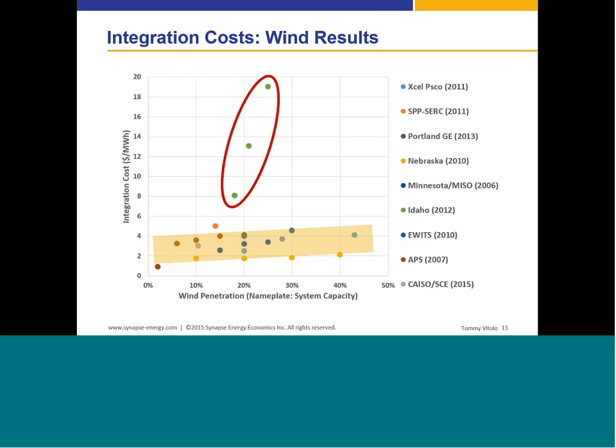Idaho came up with much higher costs, and that might be because the particulars of their study are a little bit different, or it might be because Idaho is a little bit different. In fact, they had a few challenges that some of these other study areas don't have. Number one, they're a small system, and they're not very well interconnected, as is the case of much of the West, in fact.